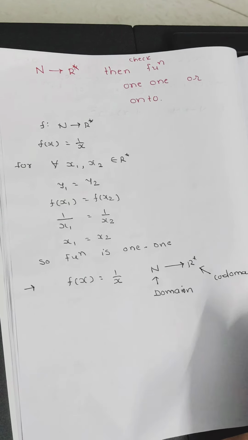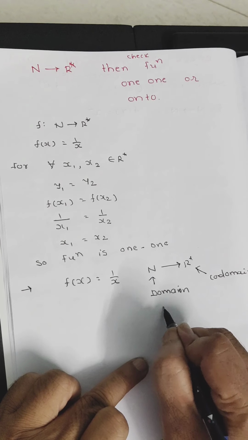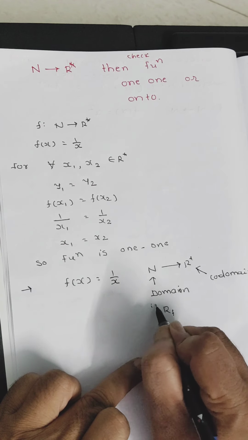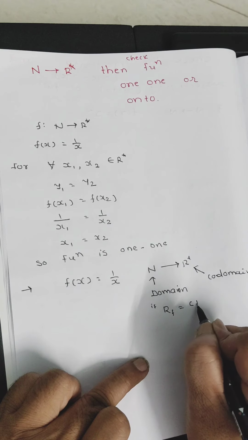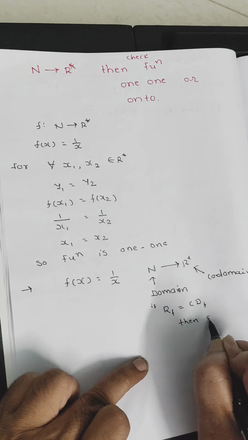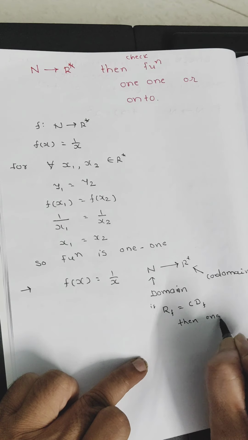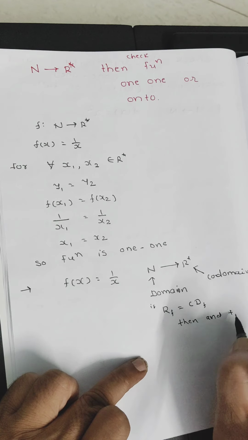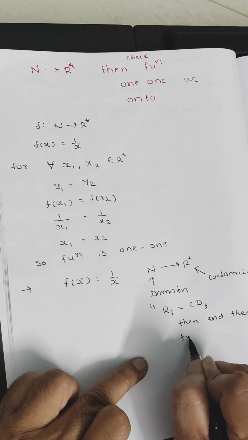If the range of the function is equal to the codomain of the function, then and only then the function is onto.